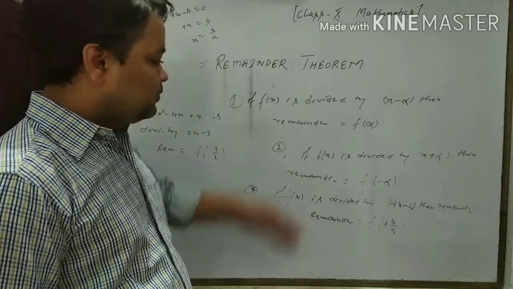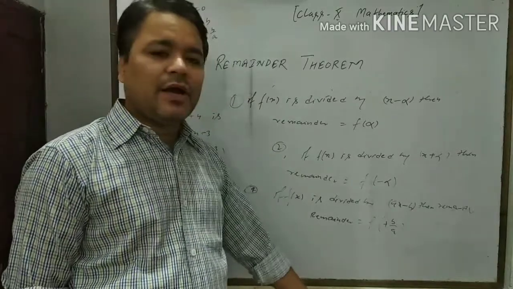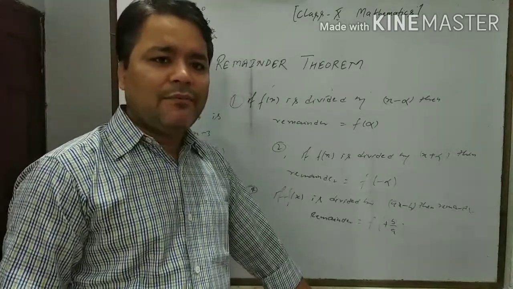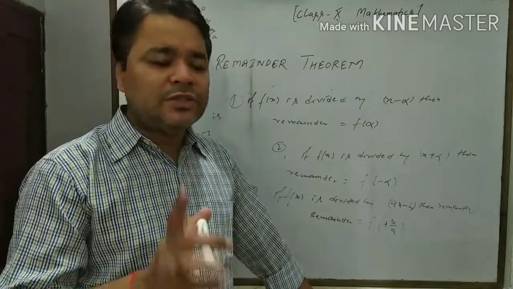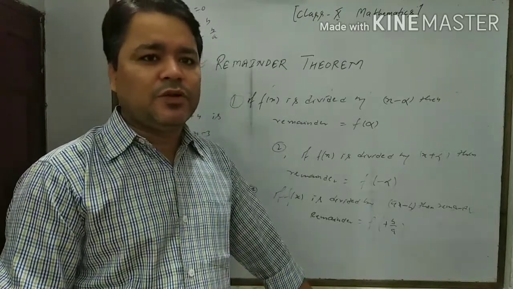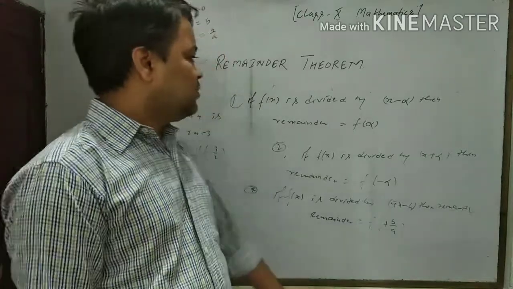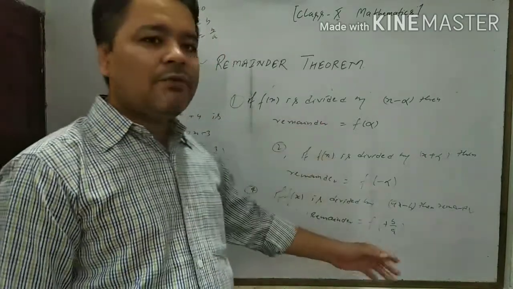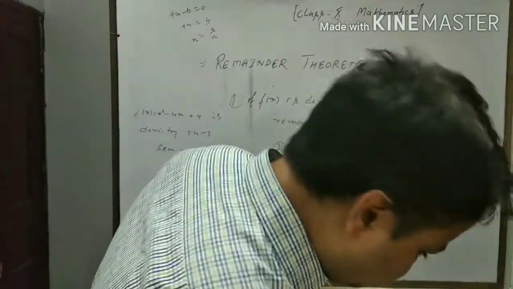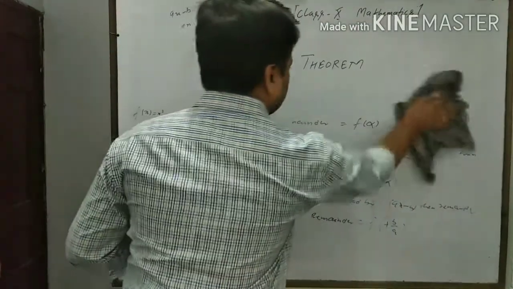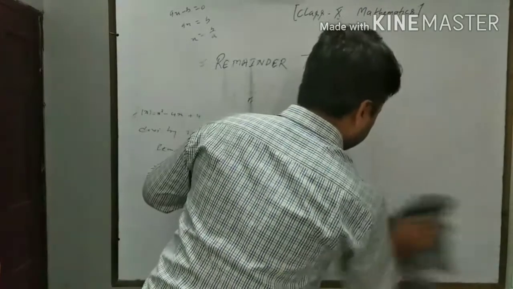According to this, we can find the remainder of a polynomial when it is divided by any other polynomial which is a linear polynomial. In that case we just use this method for finding the remainder without division. So let us see some exercise questions based on this topic.